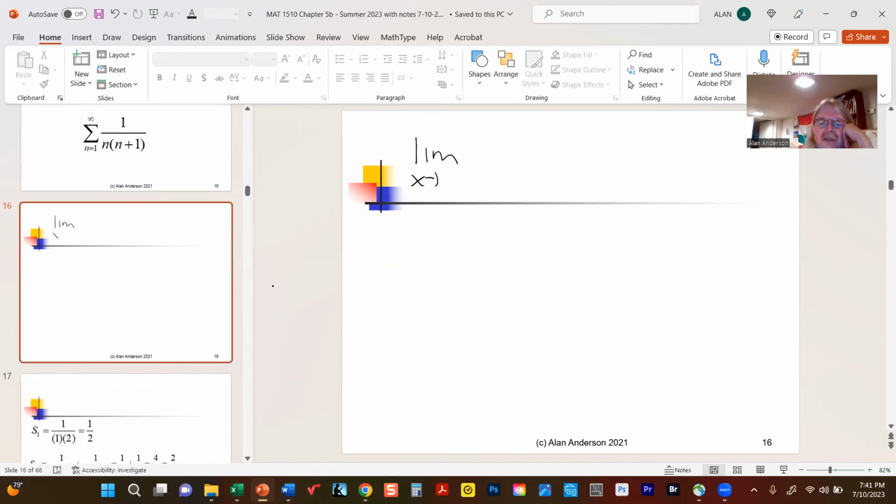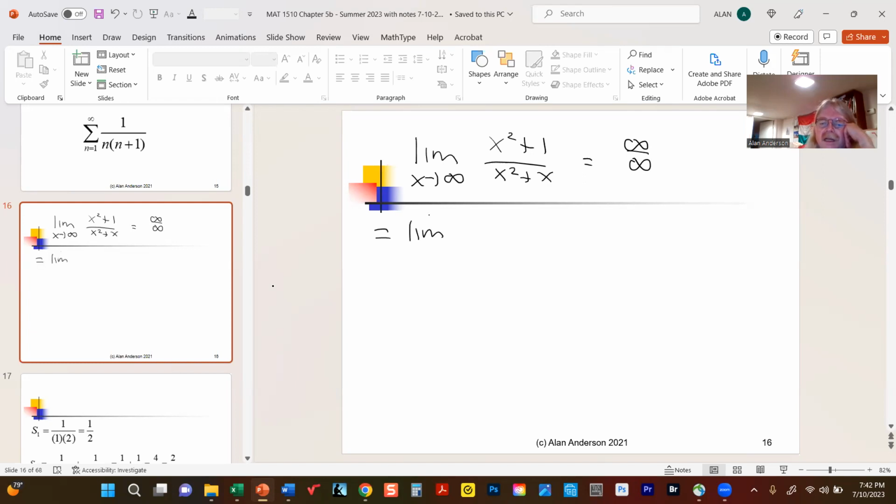So imagine you have something like this. Direct substitution would give you infinity over infinity. So one of the techniques that you're allowed to use is this.